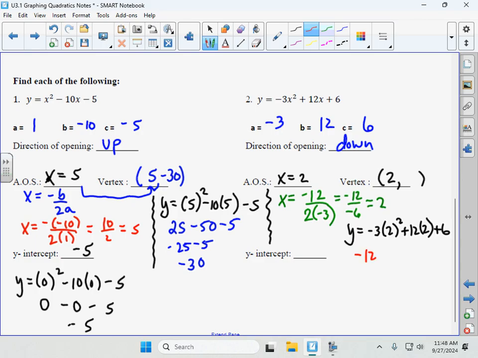Then you can do 12 times 2, which is plus 24, and then plus 6. Again, I'll just go left to right. Negative 12 plus 24 is positive 12, plus 6, and that's 18. So our vertex is 2 comma 18. The y-intercept, again, you can replace all the x's with 0. And it's going to be the c term in the problem, and so c is 6.